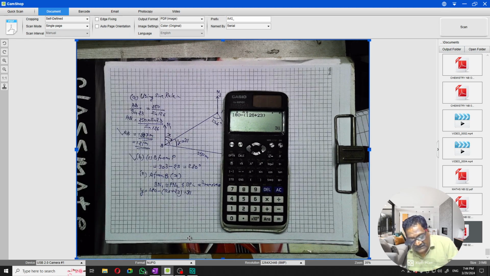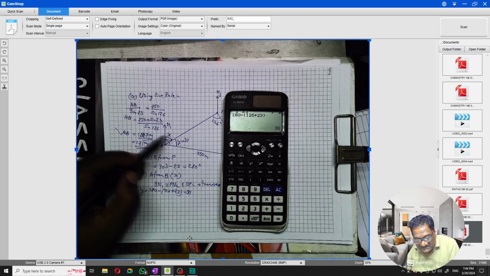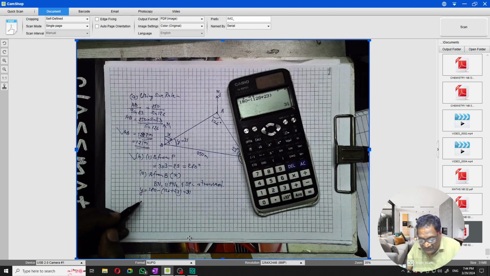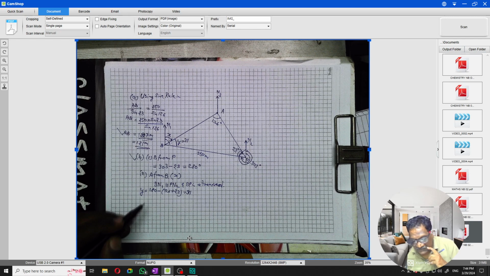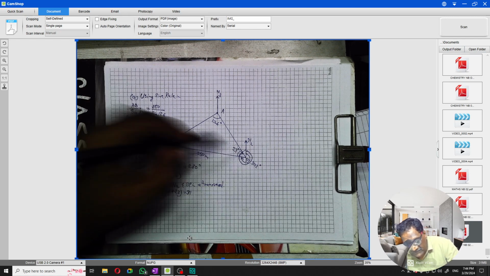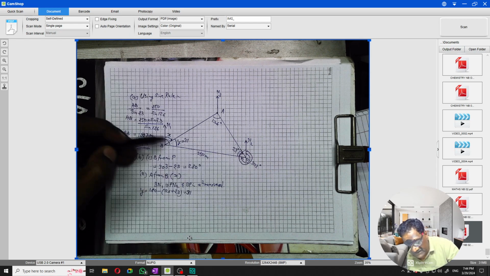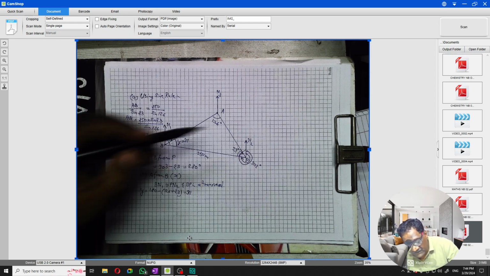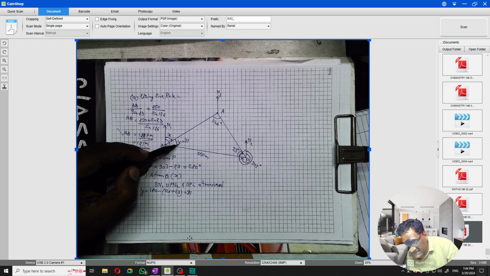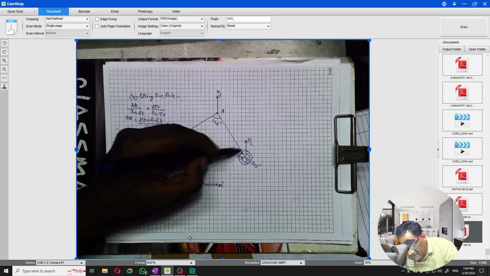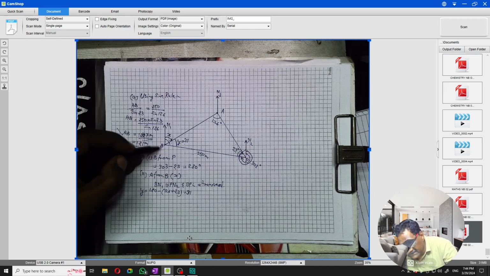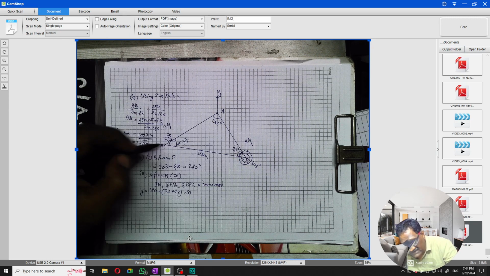Now 31 plus x will be what? Let us try to find out that. Now if you see this BN1 parallel to PN2, from this you get x plus y equal to this BPN2. These two angles are co-interior angles.